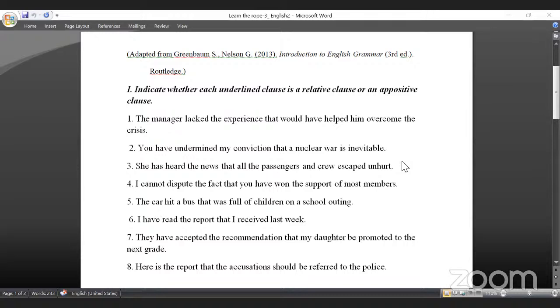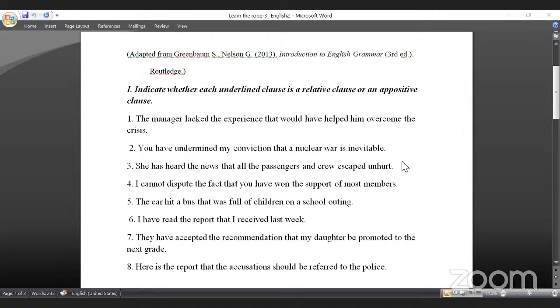You have undermined my conviction that a nuclear war is inevitable. Can you break this open into two sentences? Yes. That a nuclear war is inevitable is your clause. That is the conjunction which is joining. But if I remove that, can I have two different sentences here?